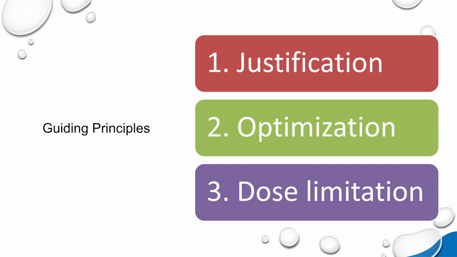So you will be then asked to optimize, which is the second guiding principle. You have to do optimization, which means that you're going to choose, for example, if you're looking for a root fracture, a radiographic exam that will answer that specific diagnostic task. We know that it's very difficult to assess a root fracture on an intraoral radiograph, for example.